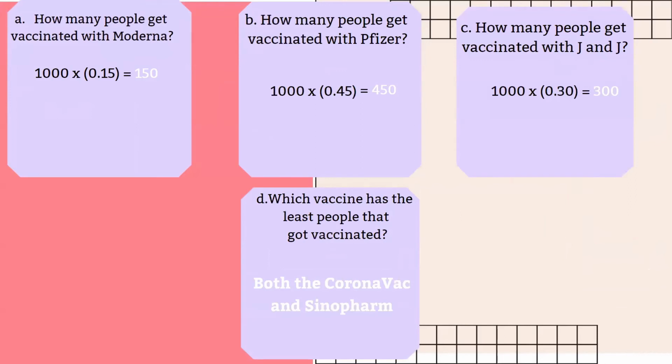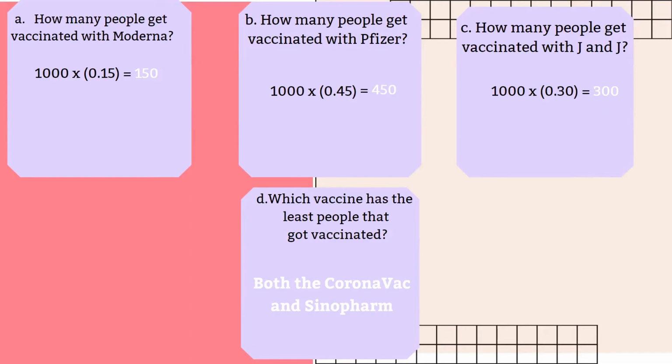Through the table, we can now answer the questions. How many people got vaccinated with Moderna? Based on the table, there are 150 people who got vaccinated by Moderna. For Pfizer, there are 450 people vaccinated. And for letter C, Johnson & Johnson, we have 300 people.